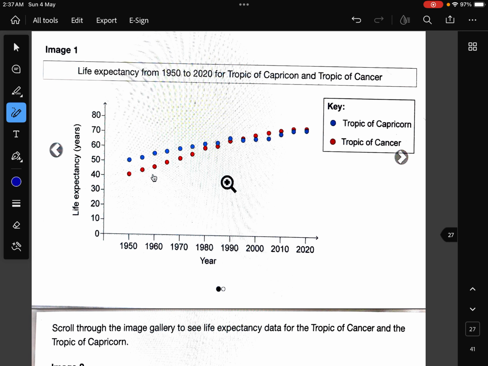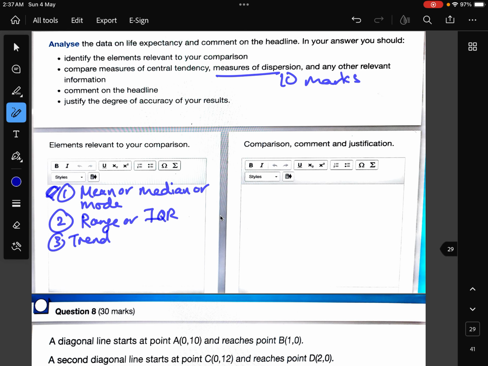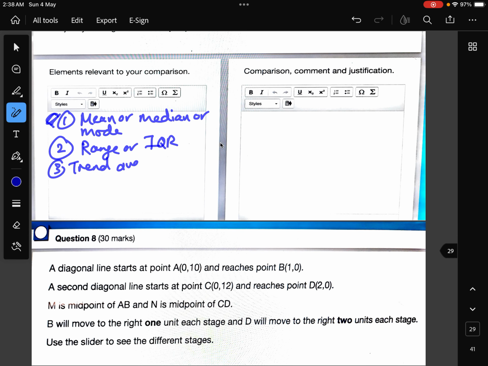You could have obviously just drawn a line of best fit in this case, but I'm just saying the trend over the years should generally be good enough for this one. So trend over the years, I wouldn't even do the line of best fit personally, because it did not ask me to do it in the previous part. So I don't think it's a good use of the time to do something that is not required at all. Okay, so we could use trend over the years, which was given to us.